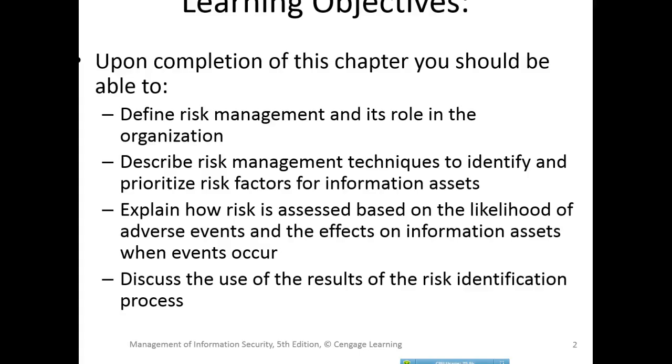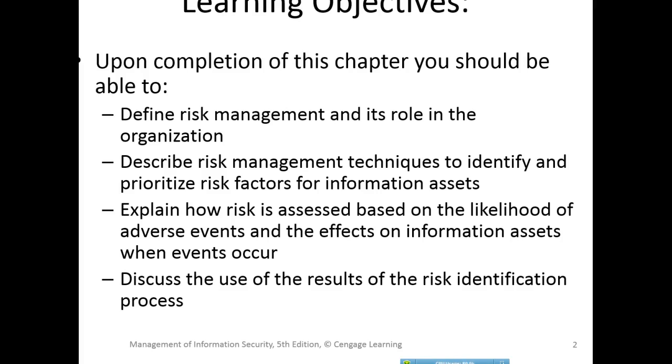Some of the things that you will learn in this chapter: you should be able to define what risk management is and what its role is in the company. Also, you should be able to describe some of the techniques of risk management in order to identify and prioritize the risk factors for the information assets in the company.